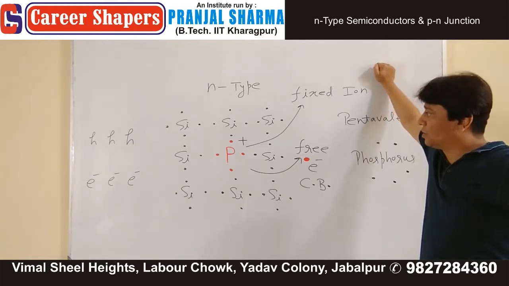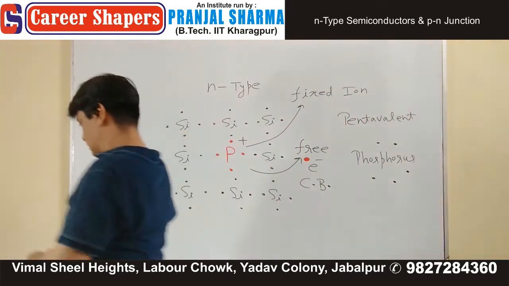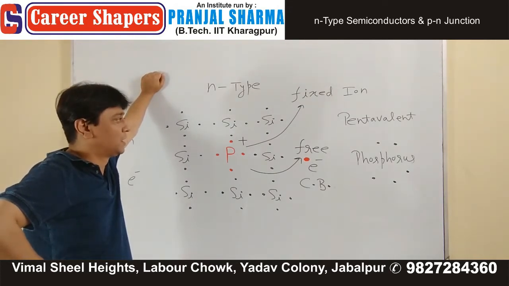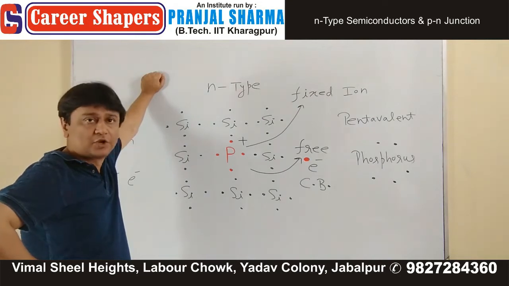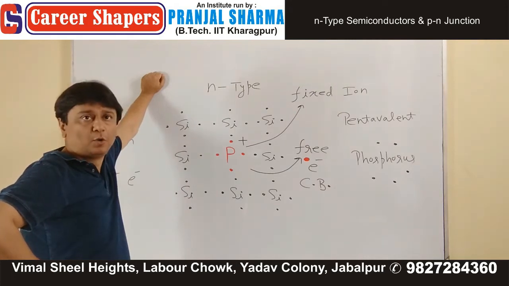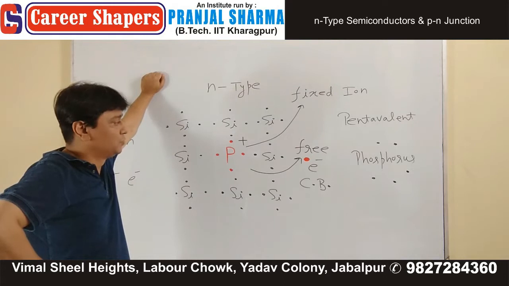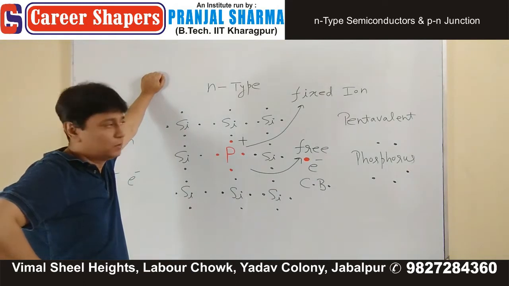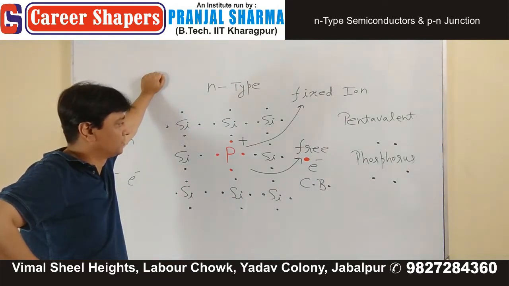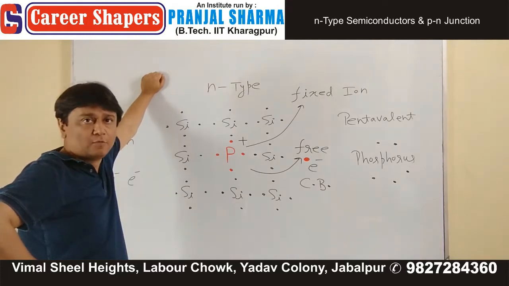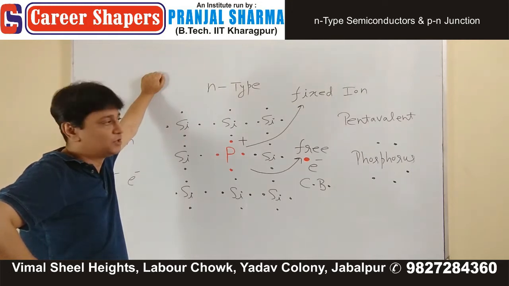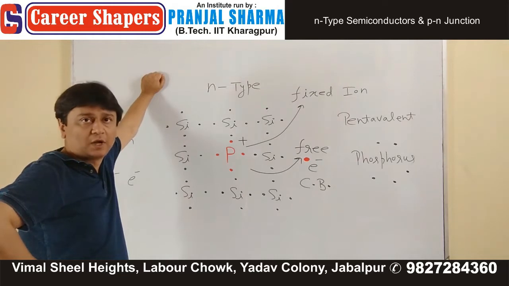Fifth extra electron has an energy which is slightly below the conduction band, and therefore can easily move at room temperature into the conduction band.